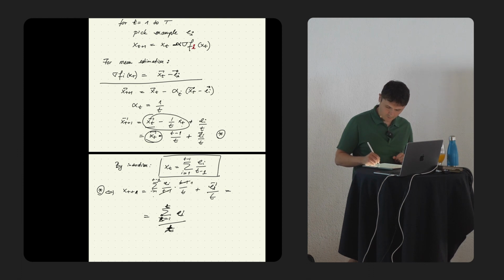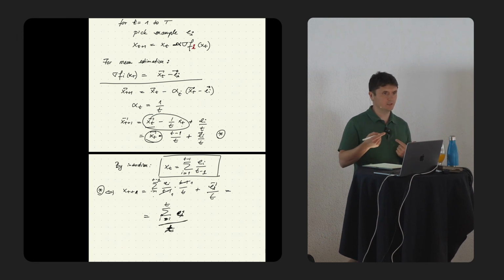So these two become 1, and I get that this is going to be the sum I equal 1 to t of EI over t, right? So basically I have built my induction step. So the t plus first iterate is actually the average over all of the points I've seen so far. Okay, does this make sense?